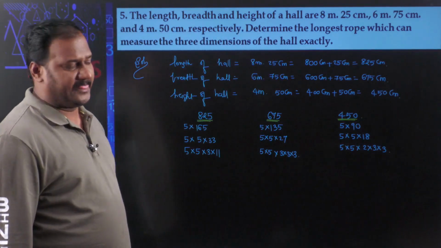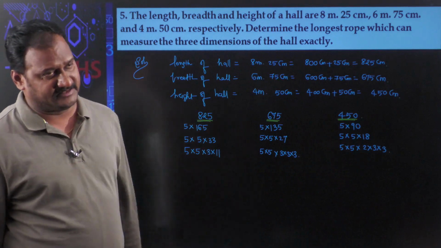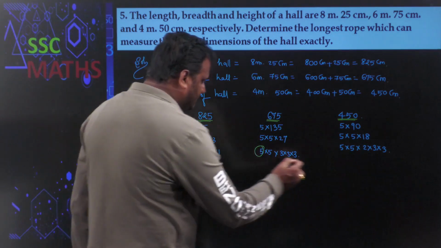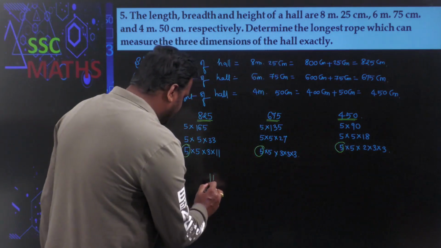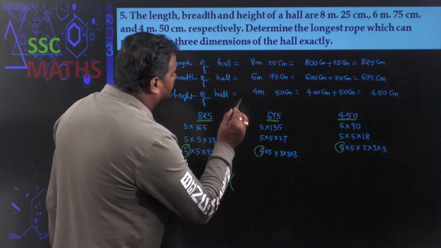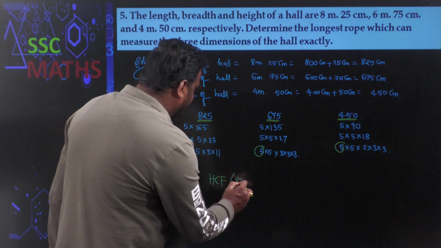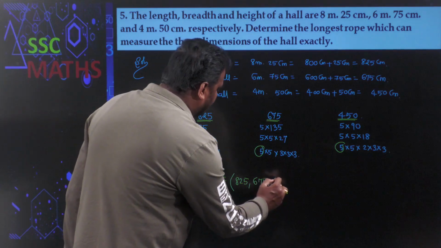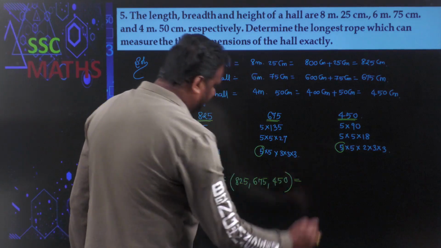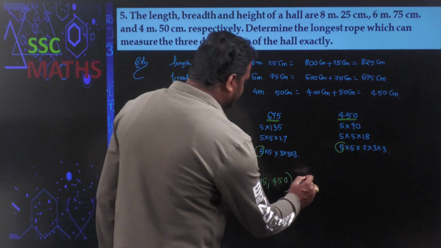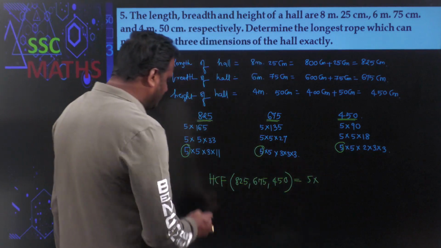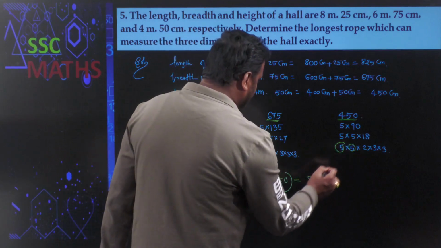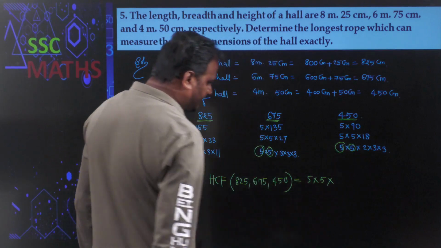Let us pick up the common factors from all three numbers. 5 is available in all, and one more 5 is a common factor.